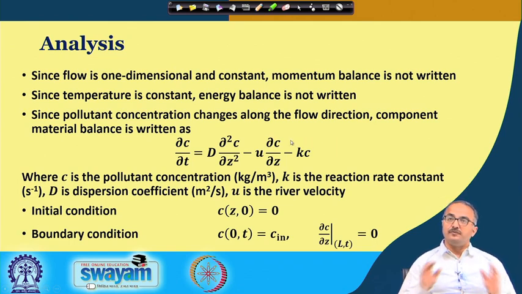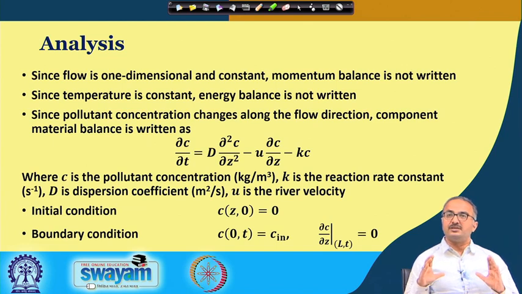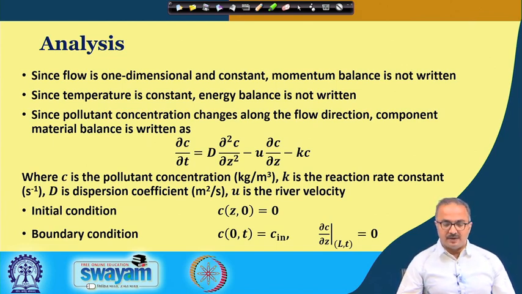So, again, if you look at the total mass balance equation in 3 dimensional unsteady state, you find that we are retaining the unsteady state term, and then we are keeping the diffusional term, and this is coming due to the one dimensional flow of the river, and this is a convective term, and this last term is the source term, as the pollutant is disappearing due to some first order reaction.